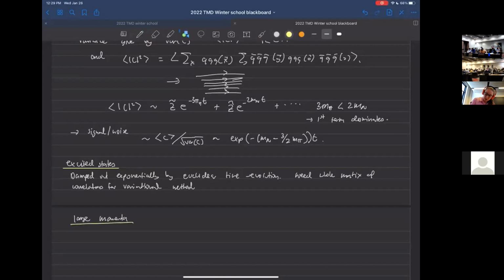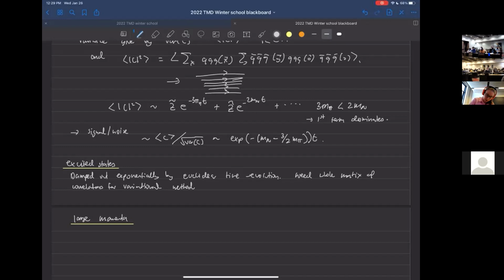Okay, large momenta also get hard. So anything at large boosts gets hard, which is particularly important when thinking about some of these quasi and pseudo PDF and TMD approaches. The argument is pretty much the same as the signal to noise argument that we just made.